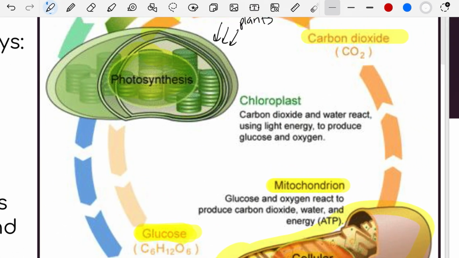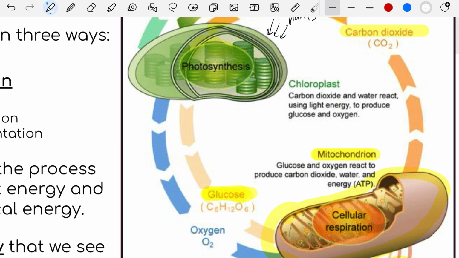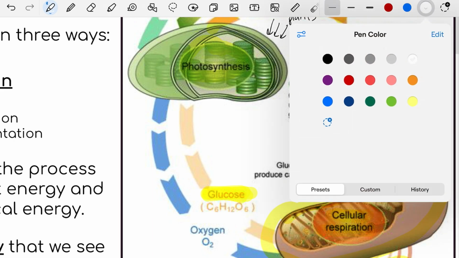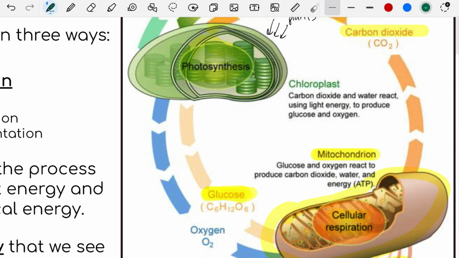And remember that it's the autotrophs. Let's do that in green. Autotrophs are the things that can capture sunlight, and the heterotrophs don't capture sunlight, they eat their food, right?